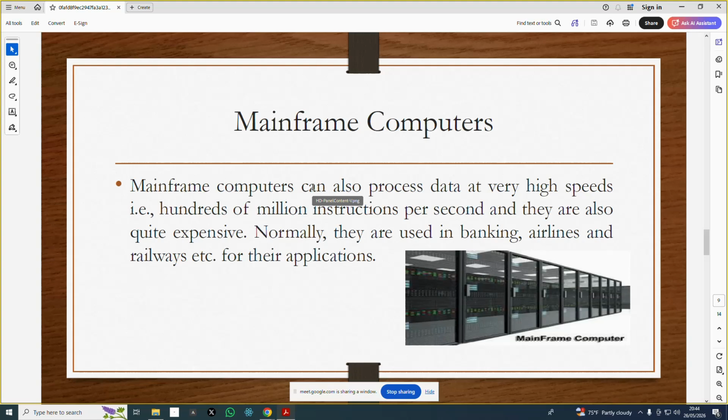So the best description is that supercomputers are used by the government. Mainframe computers are normally used by banking, airlines, and agencies. You can't find an agency with a supercomputer. It's just a waste of time.